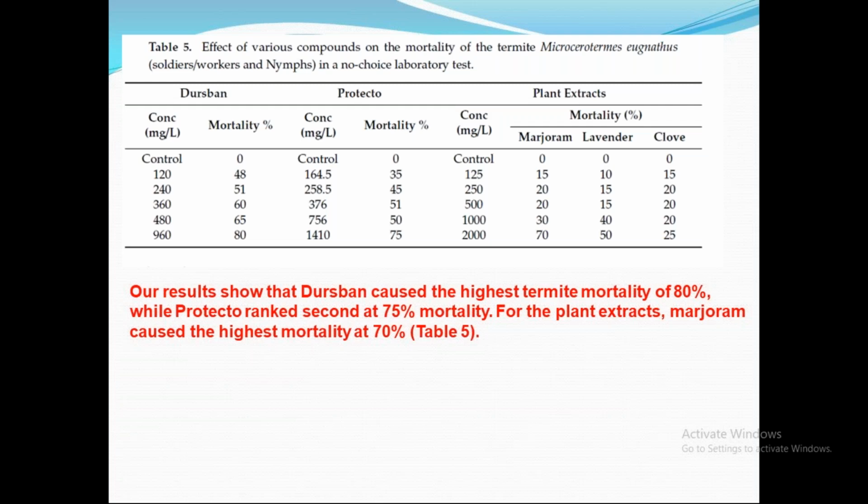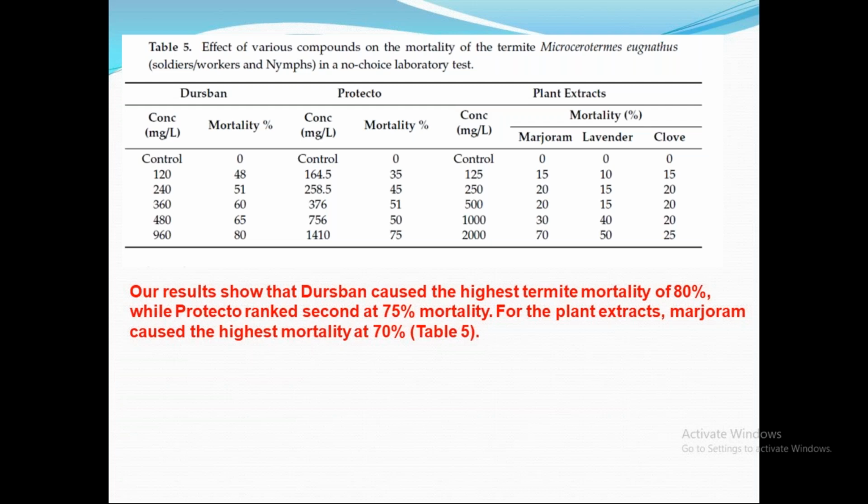For the plant extracts, marjoram caused the highest mortality at 70%. So we can see there is no huge difference between chemical pesticides and plant extracts.